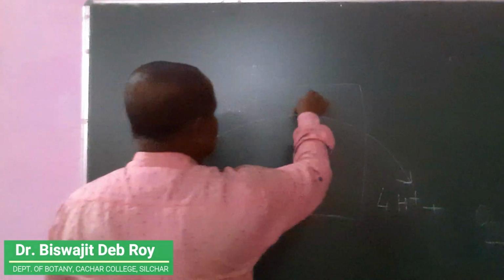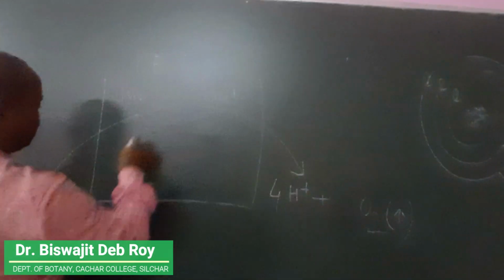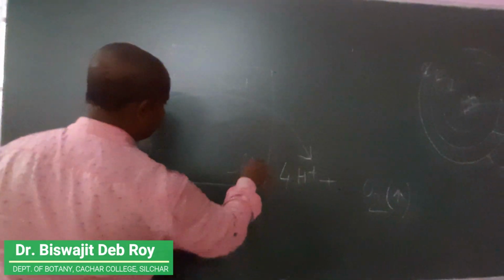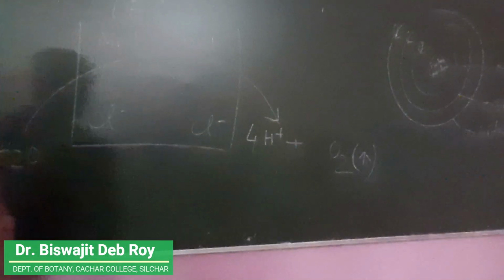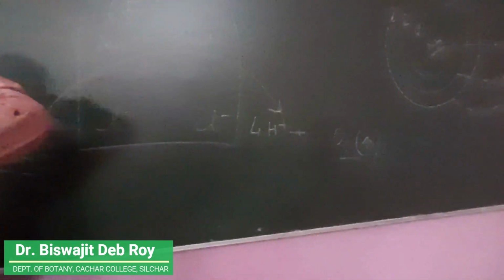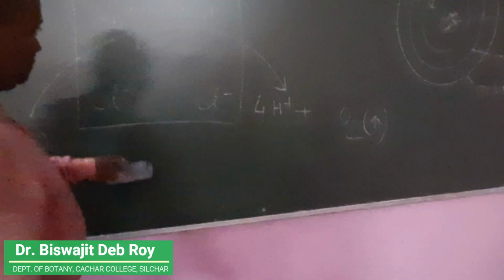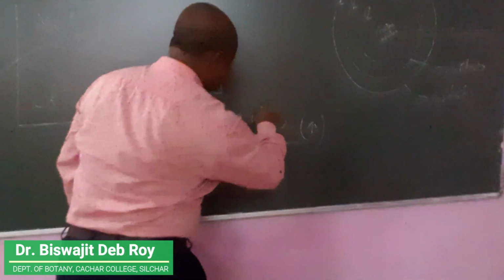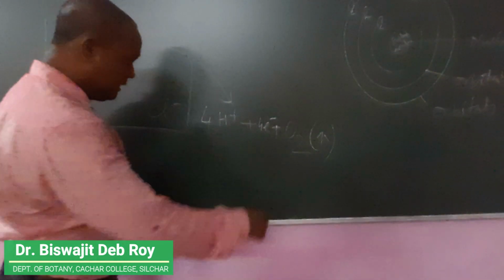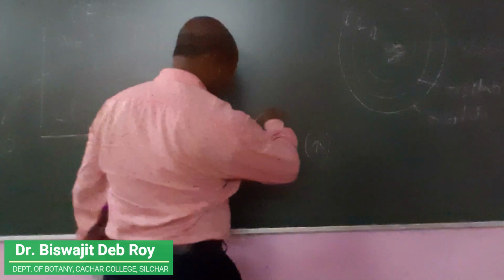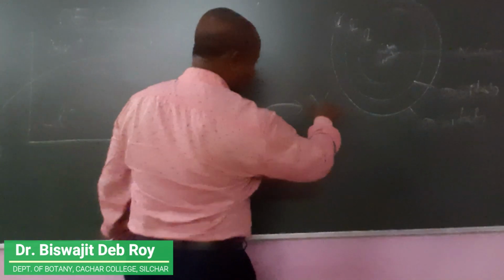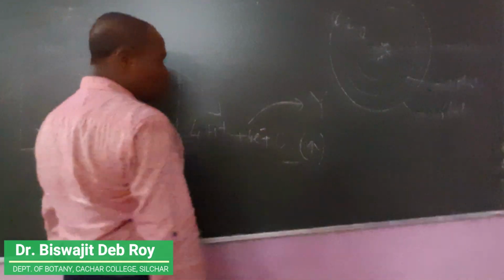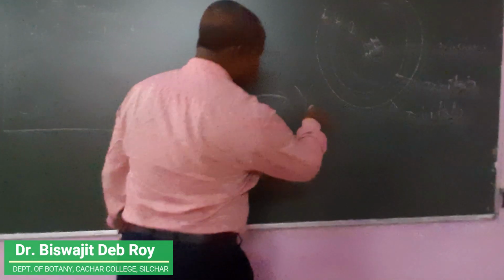Here is the manganese ion, and chloride ion is something. Calcium ion is also there. And at the same time they emit 4 electrons also. These 4 electrons are accepted by an unknown acceptor, which is a strong oxidant, called YZ.